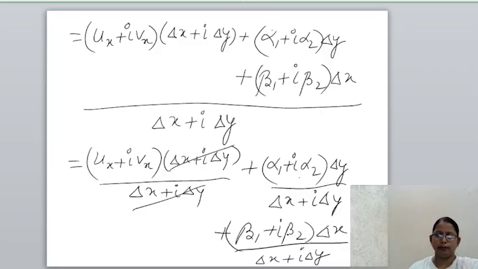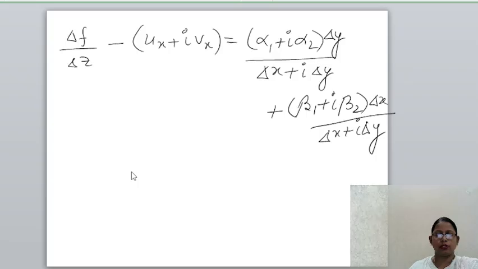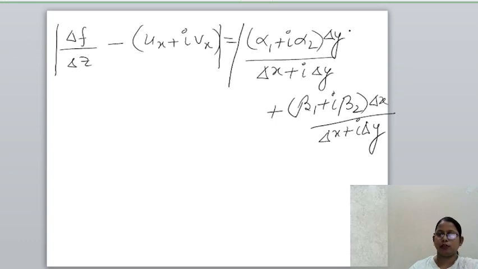That is, this term is left as it is, this term is left as it is. I will bring this term to the left hand side. I will get this step. Next, I will take the modulus on both sides. Modulus of this, modulus of the whole.